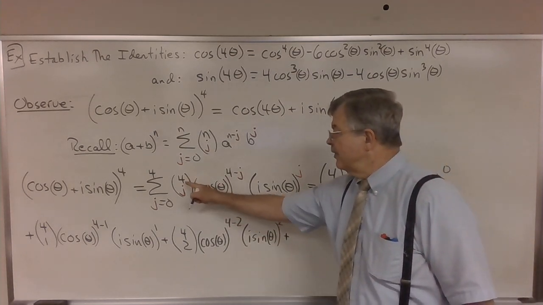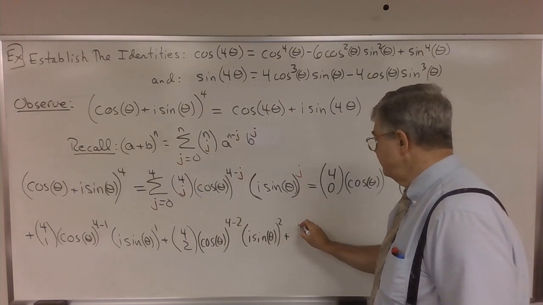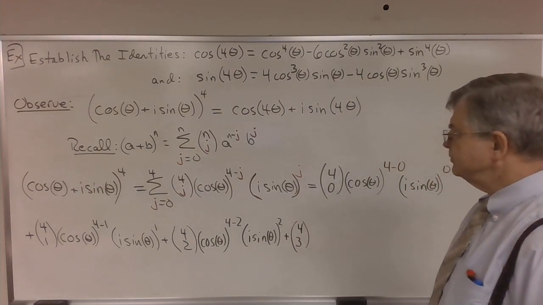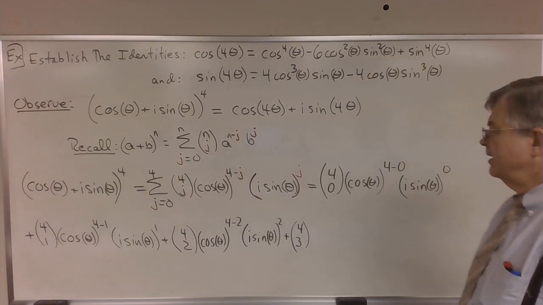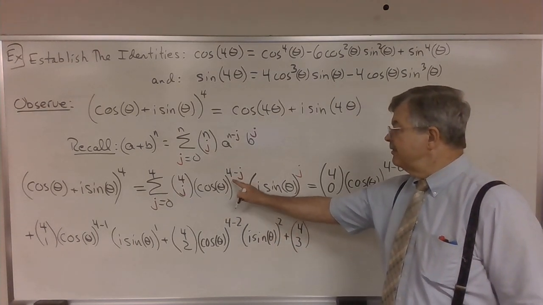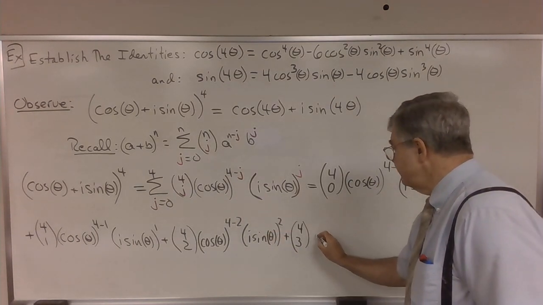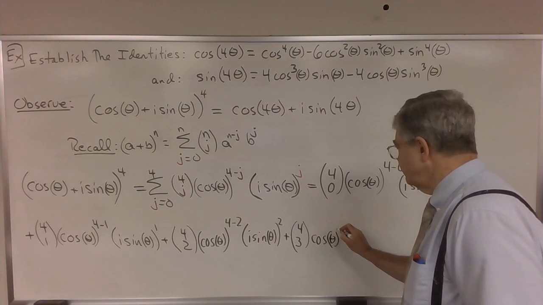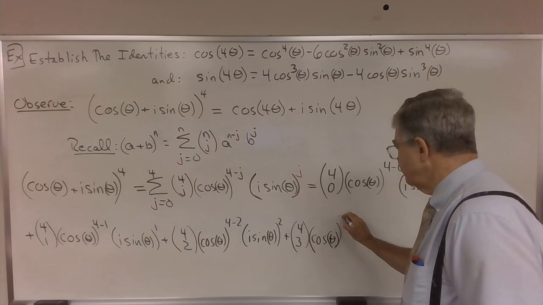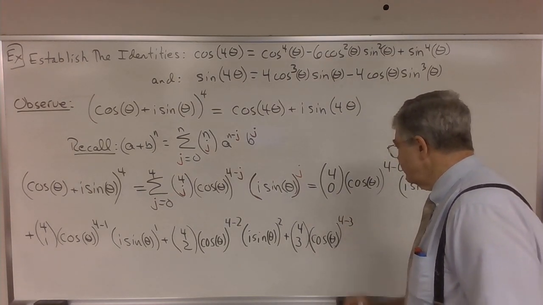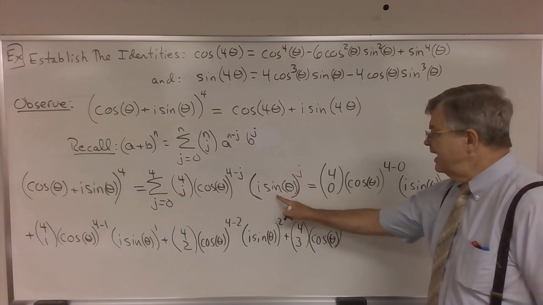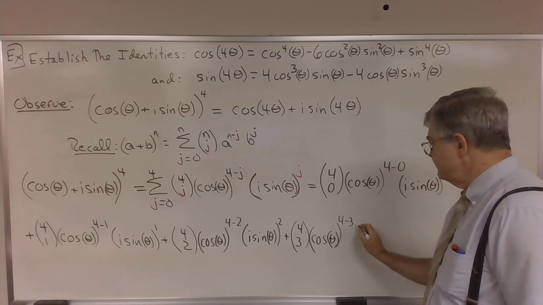And we have 4 choose 3, cosine theta to the 4 minus 3, and i sine of theta to the 3.